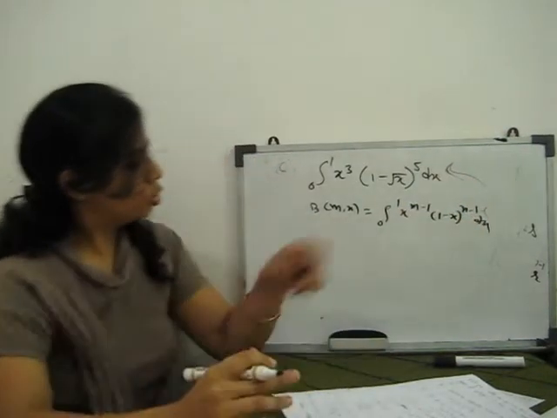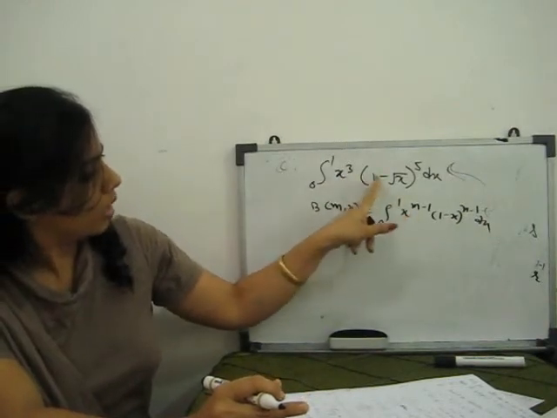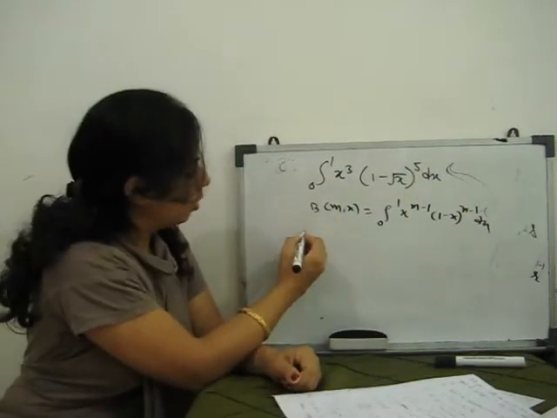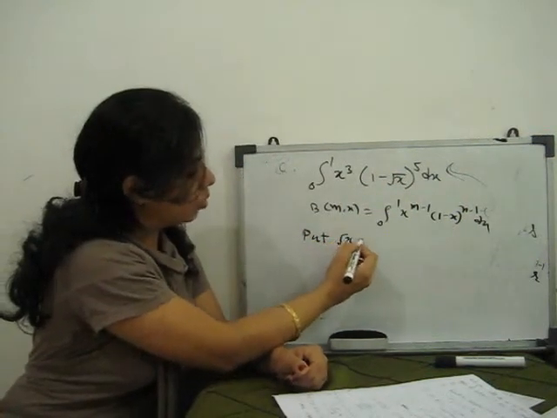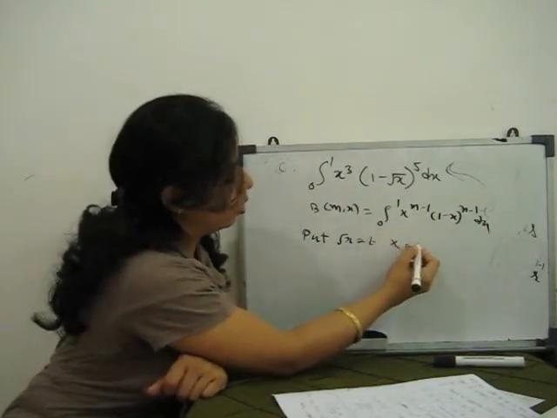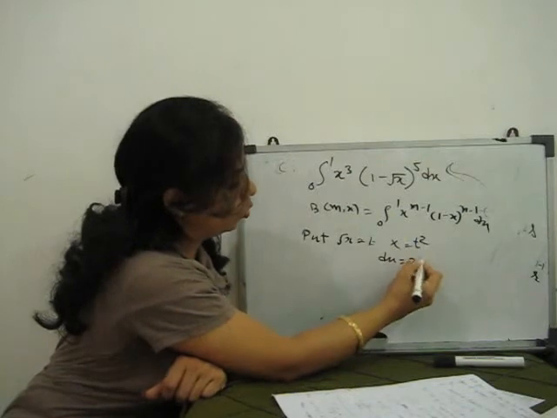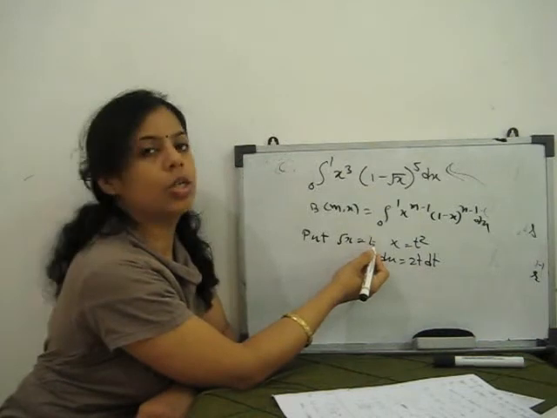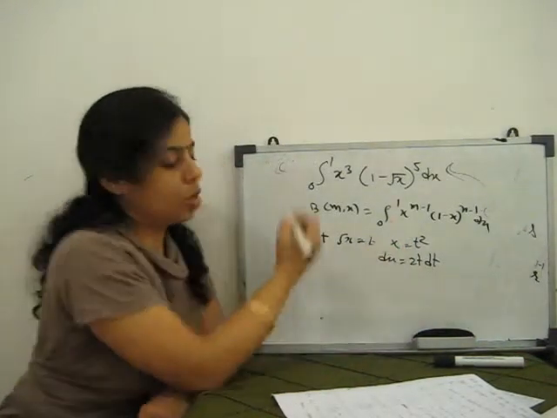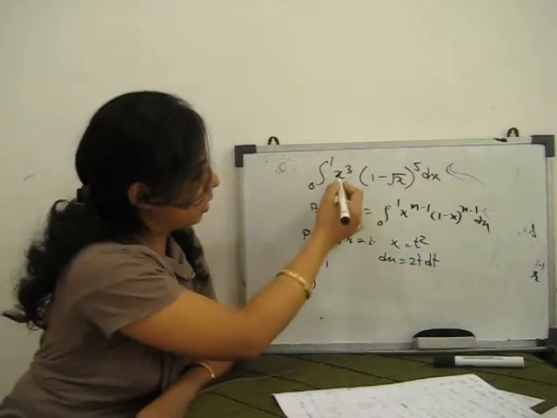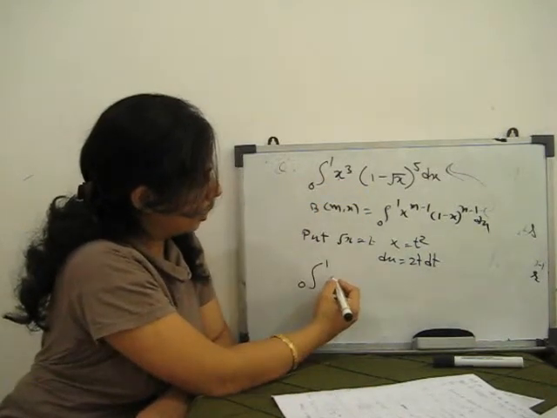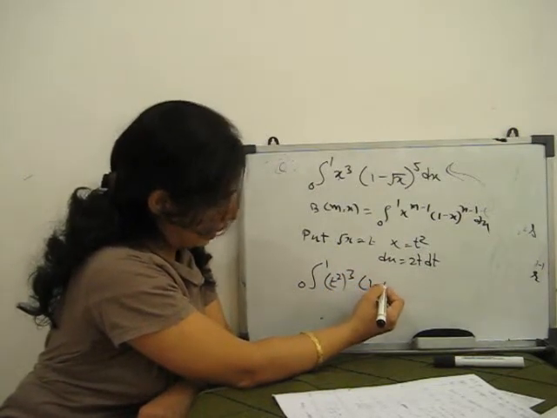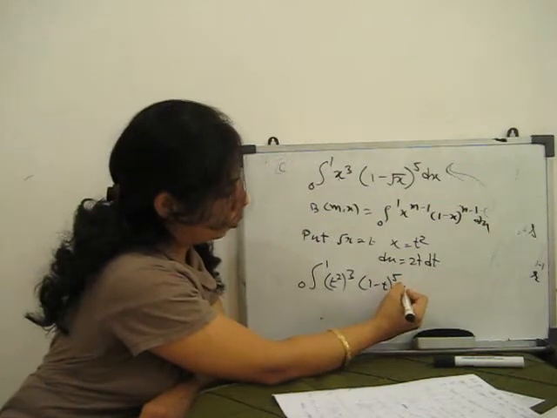Compare both. When we compare x to the power, okay, there we need x, not root x. So substitute root x equal to t, means x is equal to t square, then dx is equal to 2t dt. Substitute here: when x is equal to 0, t is also 0. When x is equal to 1, t is also 1. So the limit doesn't change.